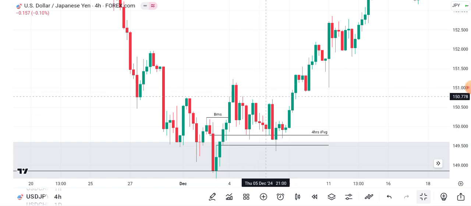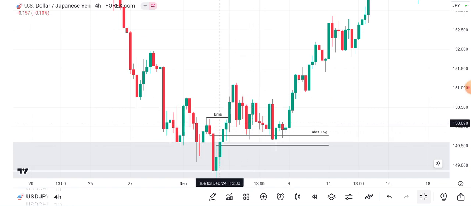So remember how we started? We started from the monthly time frame. We started from the inversion fair value gap, how price was supposed to use the inversion fair value gap to move higher. And this was the exact day, it was on a Tuesday, price broke market structure.